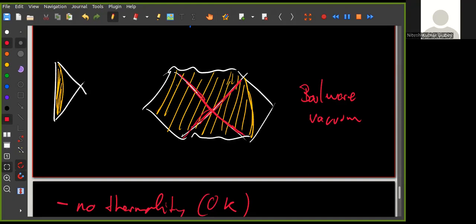But in the Boulware vacuum, there is no radiation for a static observer. Can a moving or accelerated observer in the Boulware vacuum observe some radiation, some inertial observer? So why is there no incoming radiation for the Boulware vacuum? So that is for a static observer. No?